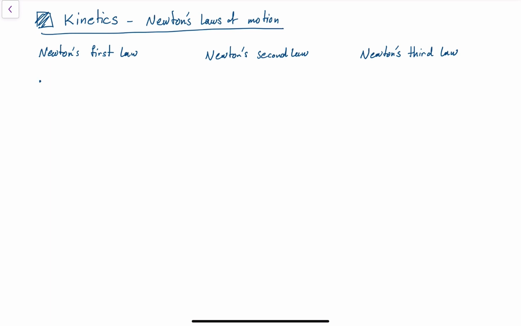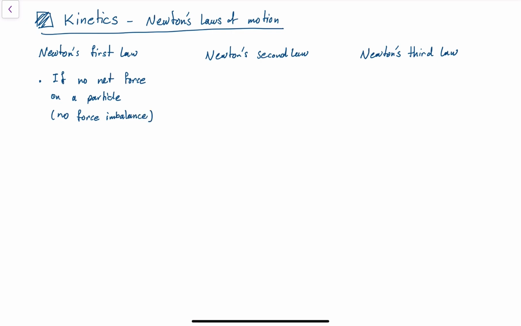Newton's first law says that if there is no net force on a particle, in other words, no force imbalance, let me write it down.